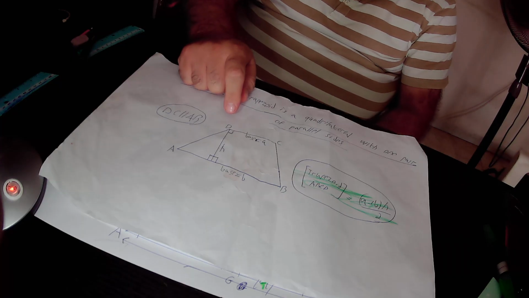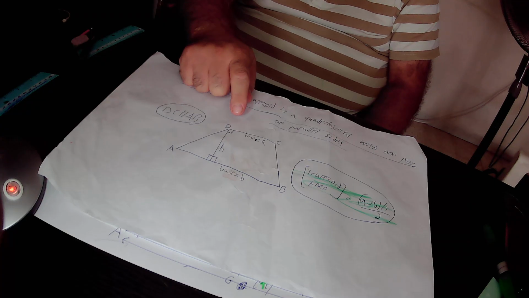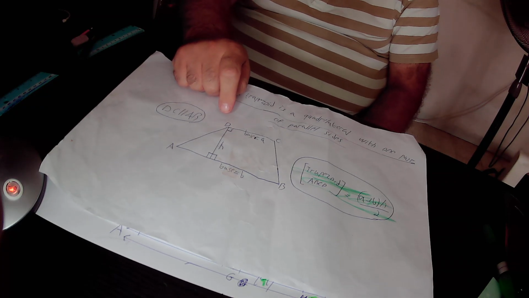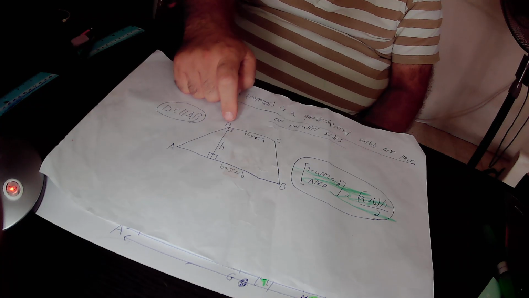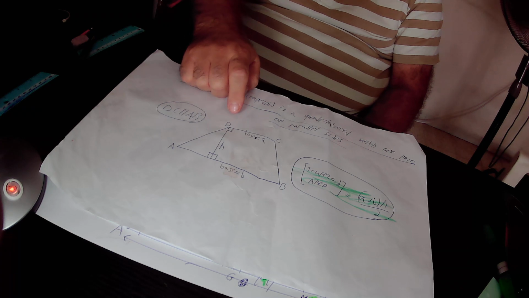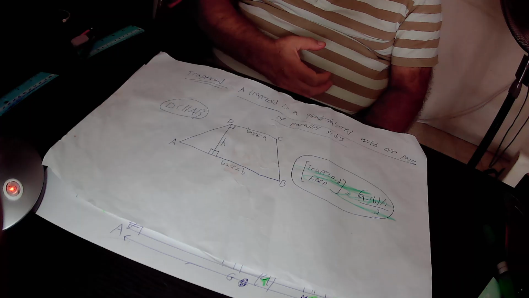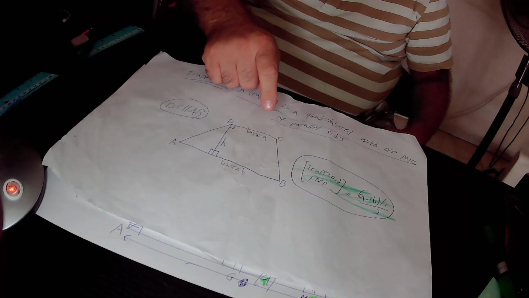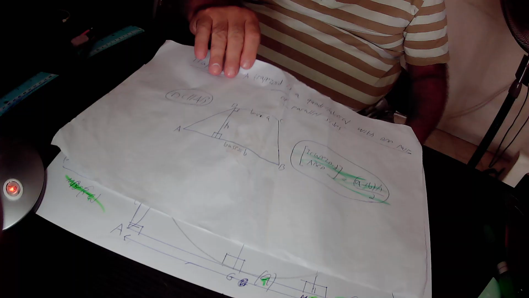The area of this trapezoid equals the sum of its two parallel bases, that is to say a plus b, times the height h over 2. If we define the base DC as a and the base AB as b, then the area is (a plus b) times the height h over 2. The height must be at 90 degrees with the two parallel bases. To repeat, a trapezoid is a quadrilateral with one pair of parallel sides, and its area equals the sum of its two parallel bases, a plus b, times the height h over 2.